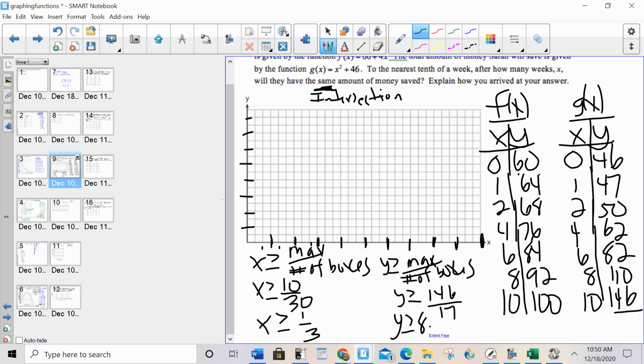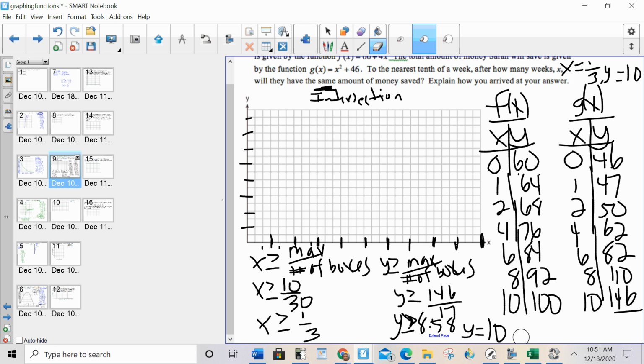Now, 8.58 is not fun to work with, so I want to pick a value that's bigger than it, relatively close, but easy to work with. I think it's a no-brainer. I'm going to go with 10. So my scale, my x's are going to be 1/3. My y's are going to be 10.